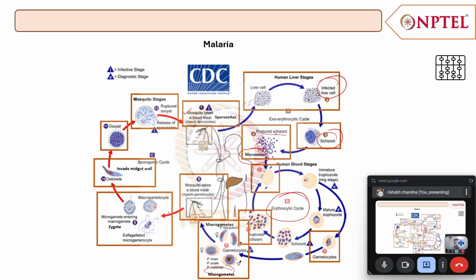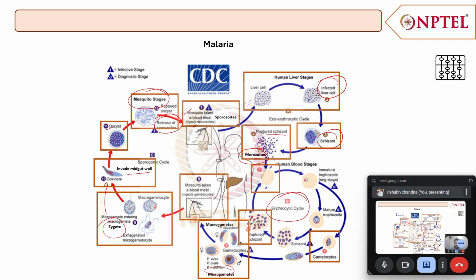Now these gametocytes fuse and form a zygote. We have a macrogametocyte and a flagellated microgametocyte. This zygote leads to an ookinete that invades the midgut wall, which leads to the oocyst in the mosquito stages, and the ruptured oocyst releases the sporozoites.